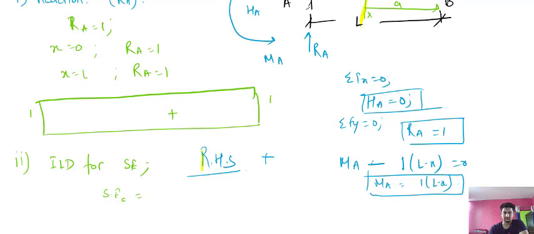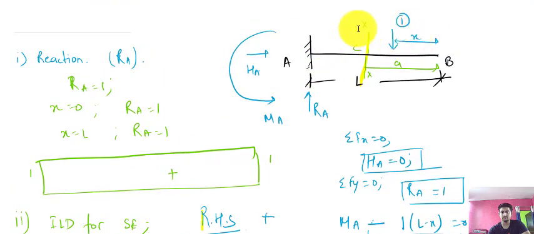Now when the unit load is here, at this point, I have put my hand at section XX and I am seeing the section from the right hand side. So one force, that is one unit load, is coming downwards, and downward forces are taken as positive from the right hand side, as has been told to you while making shear force and bending moment diagrams.